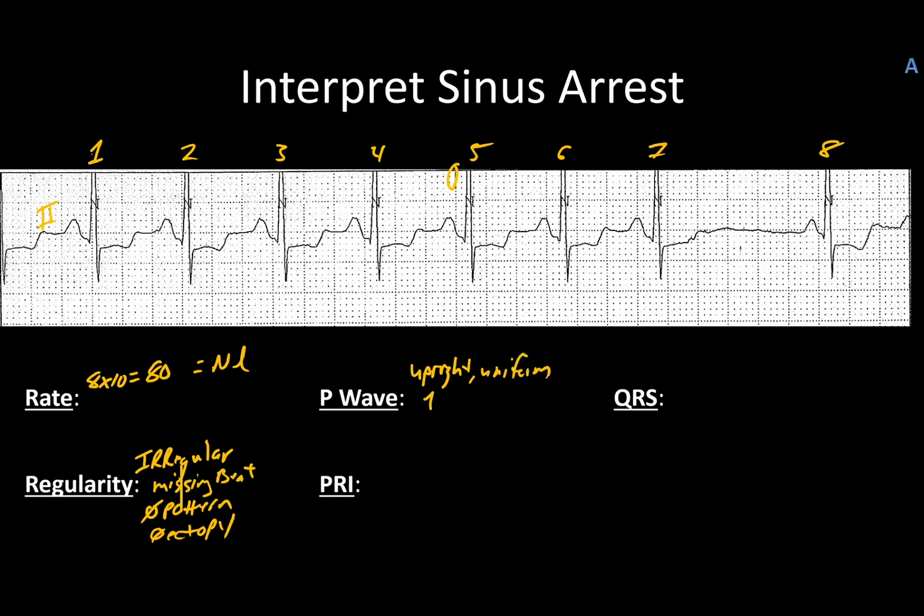I have 1 P for every QRS, so we're good there. Now we need to check the regularity, which also winds up helping us because we have a missing beat and we want to check that P to P interval. So I'll just do the P to P equals, and we'll go ahead and mark him right here, and then we'll mark the next one right here.